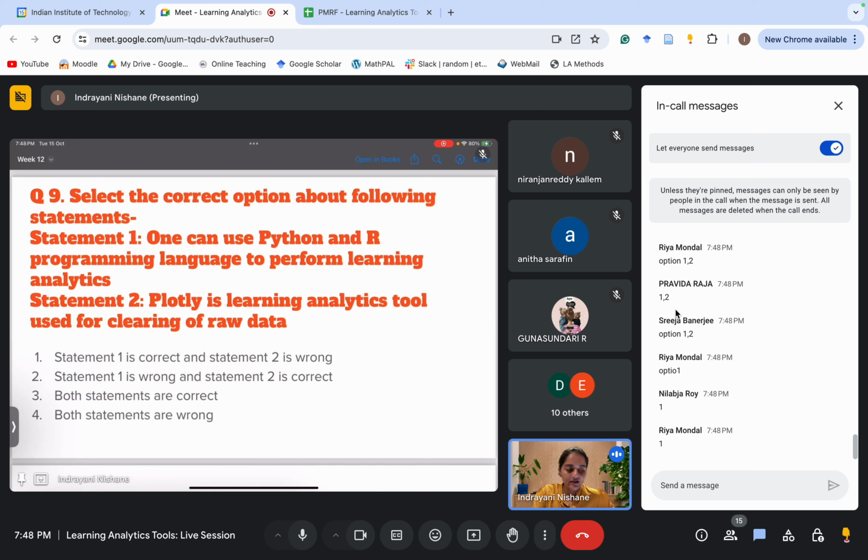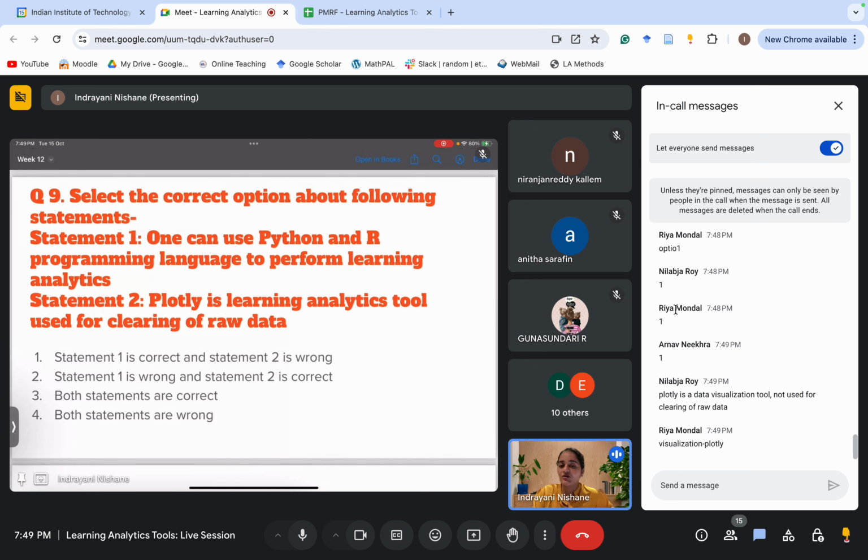Plotly is given as the name of one of the tools used for cleaning raw data, right? So you have to tell if statement 1 is correct or statement 2 is correct or wrong based on that.